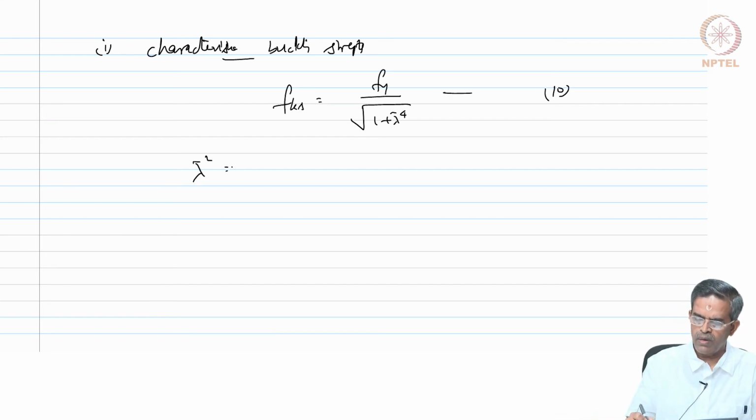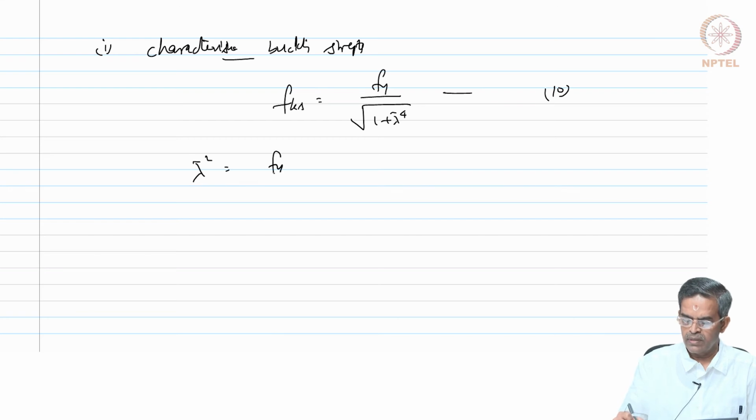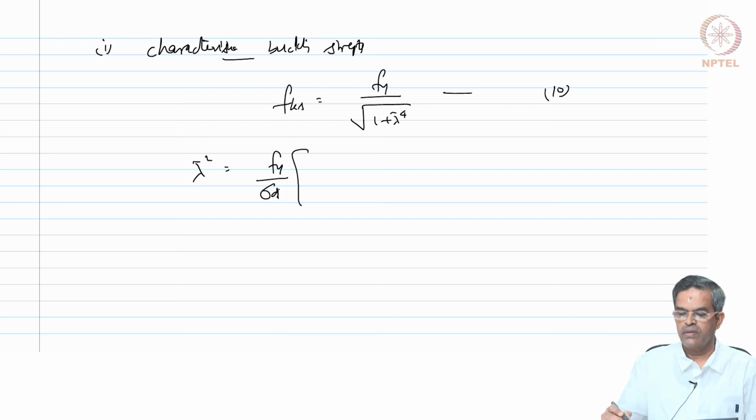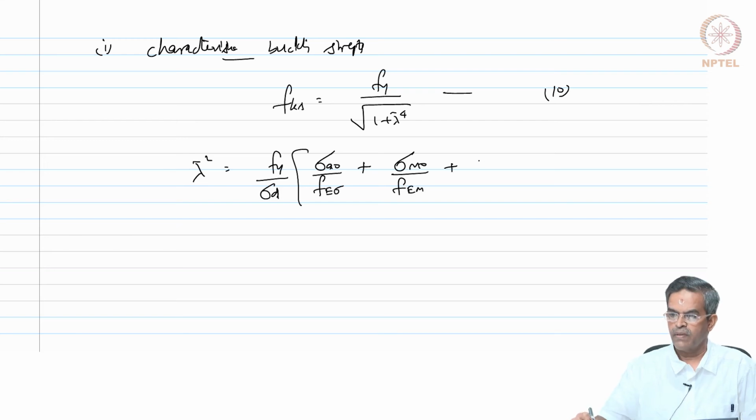And we know lambda bar square is given by Fy by sigma d times sigma AO by Fe sigma plus sigma MO by Fem plus sigma HO by Feh plus tau naught by Fe tau, equation 11.